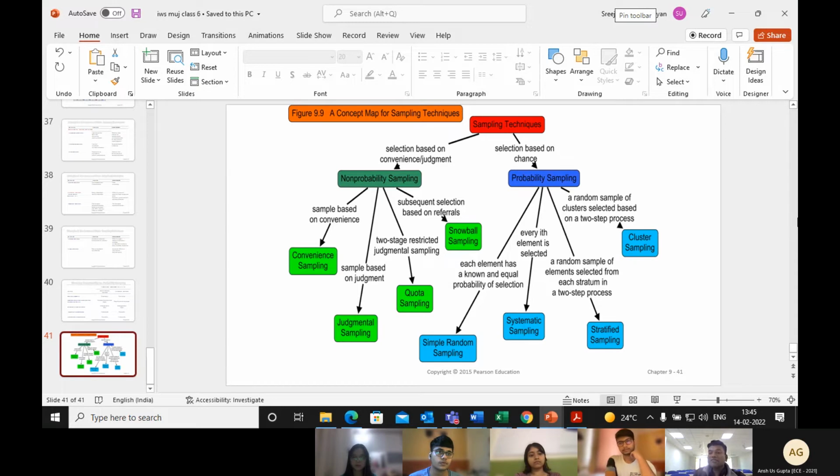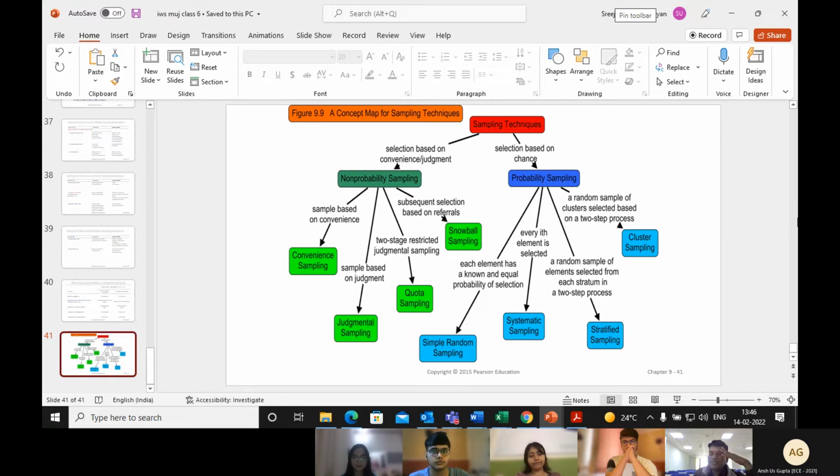In systematic sampling, you pick the first one randomly, and every ith element is subsequently selected, where i is calculated as population size divided by sample size. Then you have stratified sampling. In stratified sampling, there is a certain classification, based on gender or education or any other unique characteristic, and those characteristics should be reflected in your sample also.